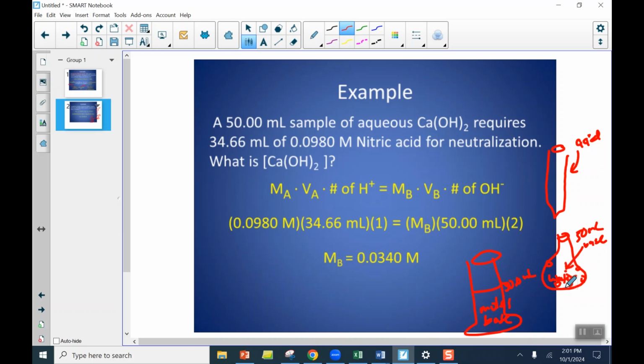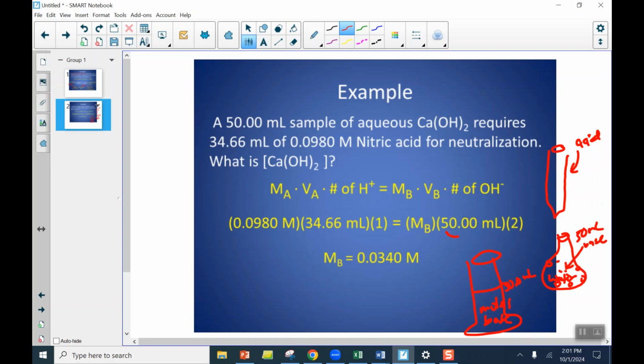So that would affect it. But as long as the 50 milliliters was transferred appropriately, if there's some water in this flask, yeah, it would dilute the molarity in there a little bit, but it has no impact on the moles of base transferred, and therefore everything would be the same.